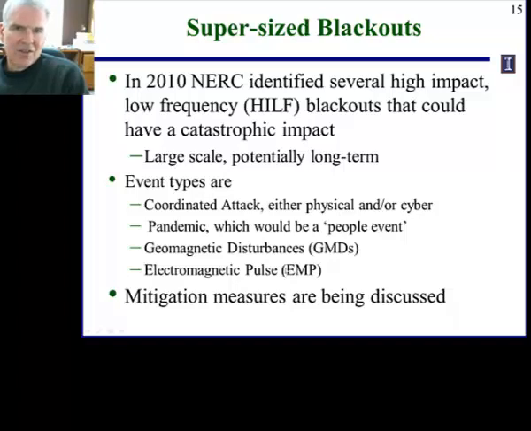This is obviously a human-caused event, but when an EMP occurs, it causes very fast electrical transients in electronics, which can destroy electronics, and then on a slightly longer time frame, it causes disturbances in the power grid that are very similar to the GMDs that can cause equipment damage. So as I mentioned, mitigation measures for all of these are currently under discussion.